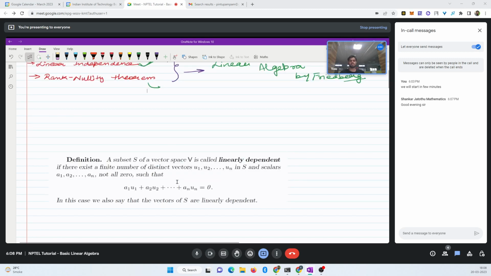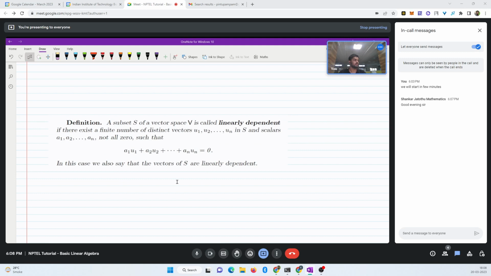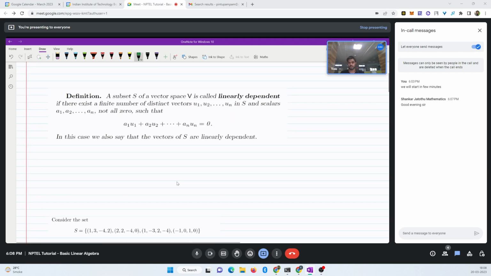Before we go to linear independence and try solving some problems, let's first see what linear dependence or independence is, so that all of us are on the same page. We talk about linear dependence or independence of a set of vectors.